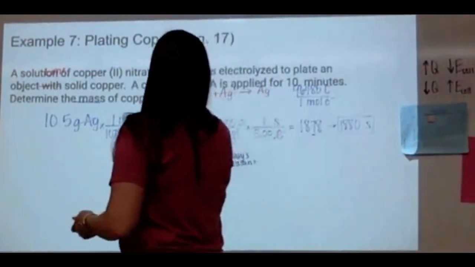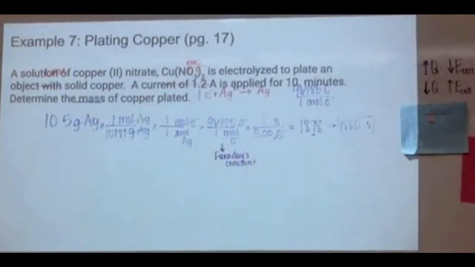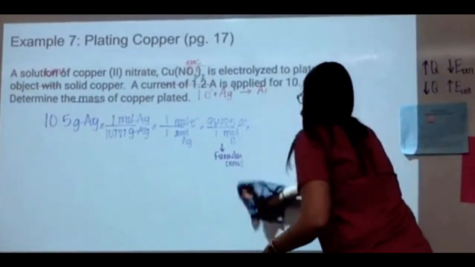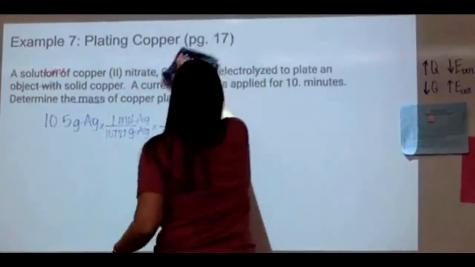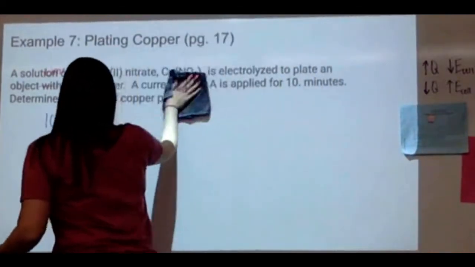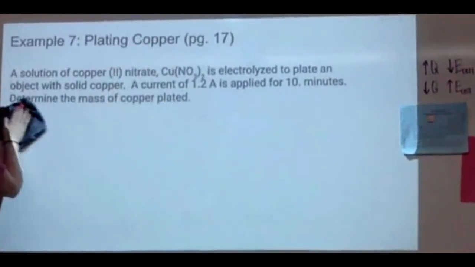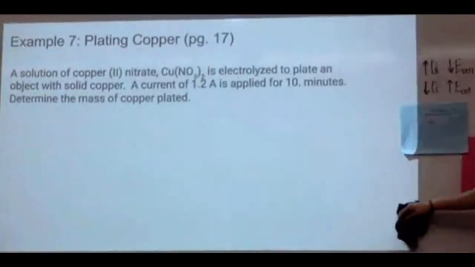So example 7 says a solution of copper 2 nitrate, CuNO3 is electrolyzed to plate an object with solid copper. So what we do is we run an electric current through a solution of Cu2+. So we use a battery or we use another power source to run current through a solution, and we're able to actually pull out solid copper.